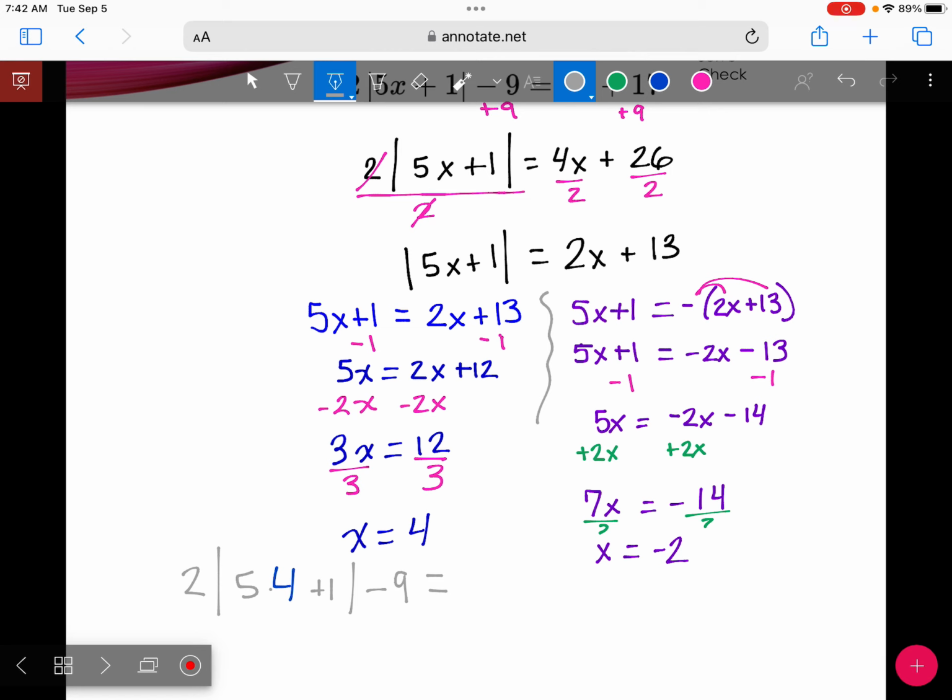So 5 times 4 is 20. Plus 1 is 21. Absolute value of 21 is 21. Times 2, 42 minus 9 is 33.